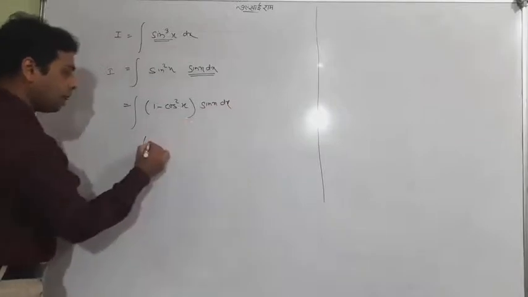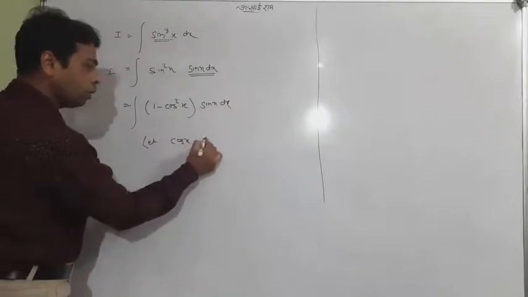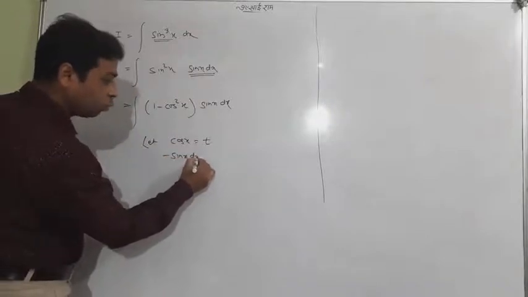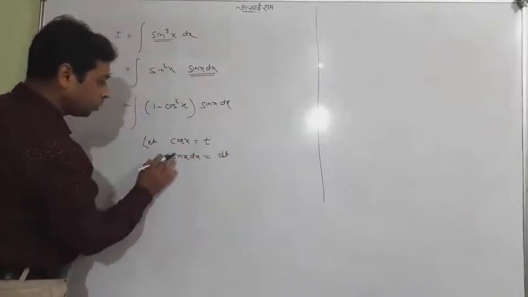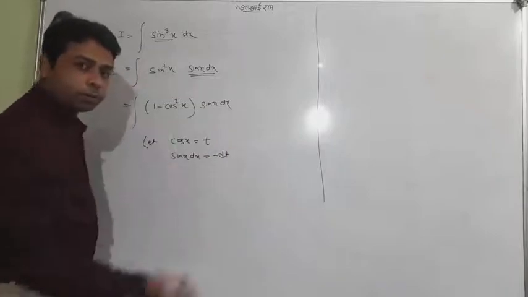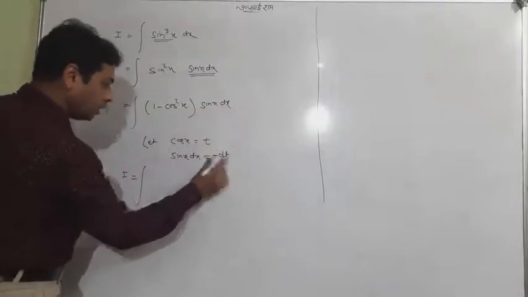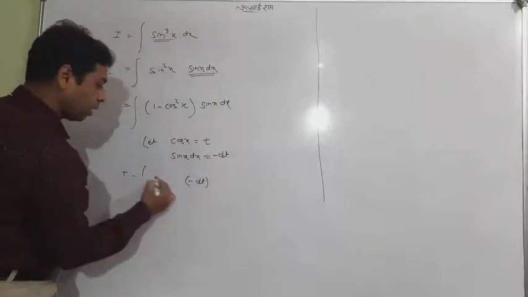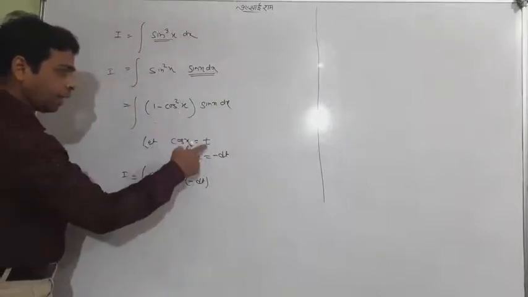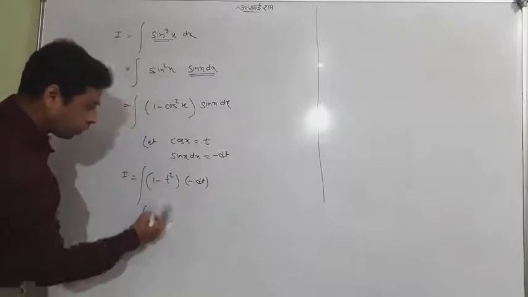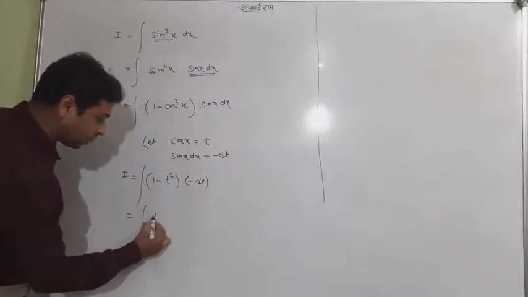Then let cos x equal to t. Minus sin x dx equals dt, do the differentiation, transfer the minus to the other side, so sin x dx equals minus dt, and this is 1 minus t square. Then multiply the minus inside the bracket, you will get this.